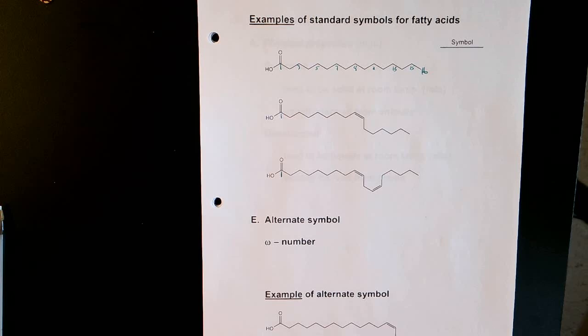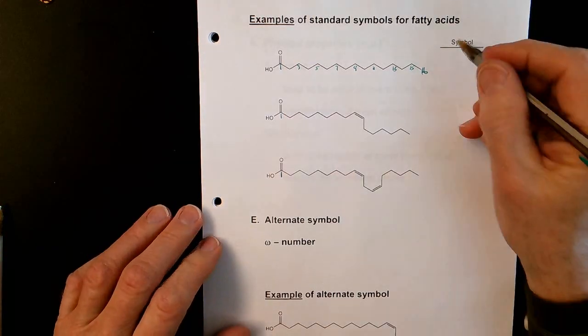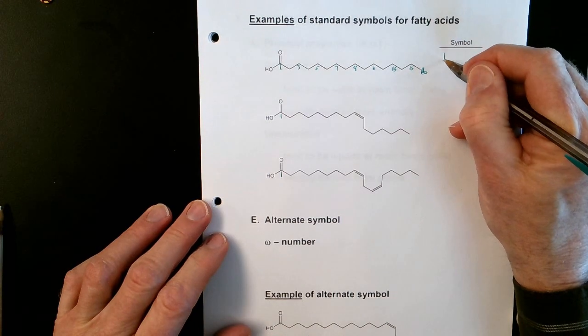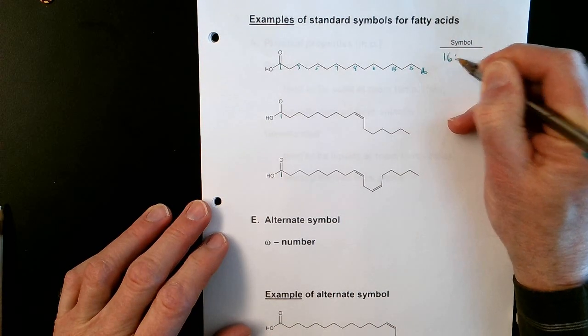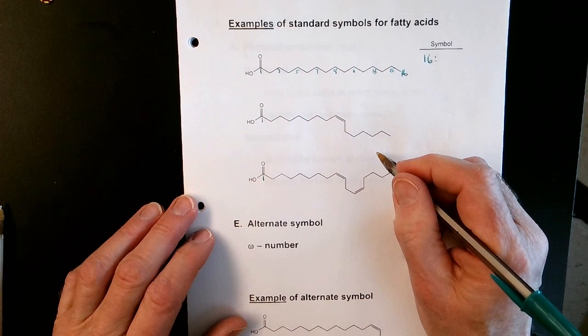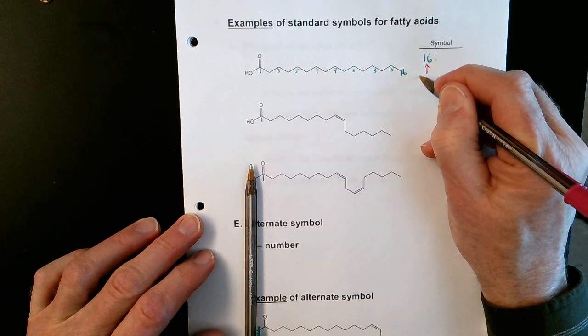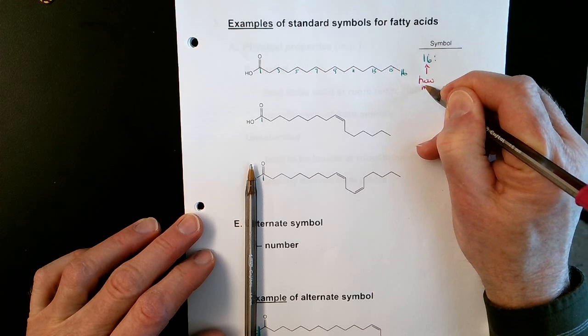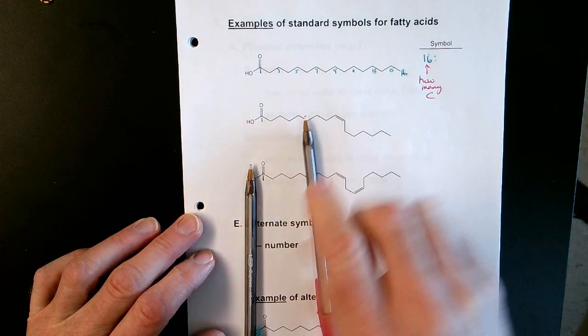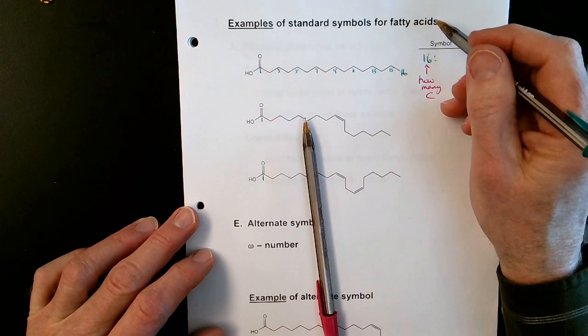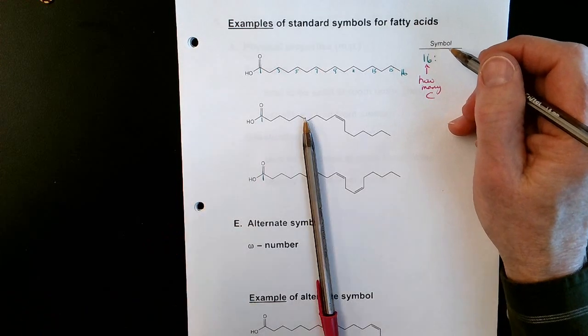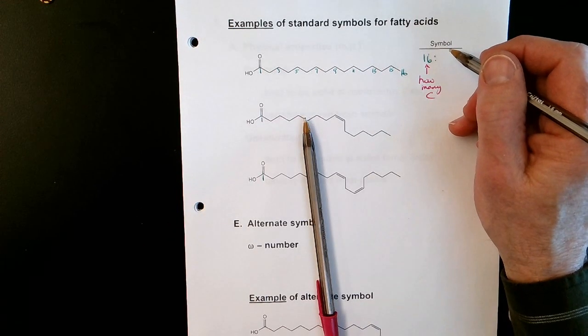And here are the standard symbols. We're not into omega yet, but we'll get there. So your standard symbol would say how many carbons to begin with? Well, 16. I'll label this a little better in just a minute. Actually, let me put that right there. How many carbons? And then the number of carbon-carbon double bonds is exactly what? Number of alkenes?